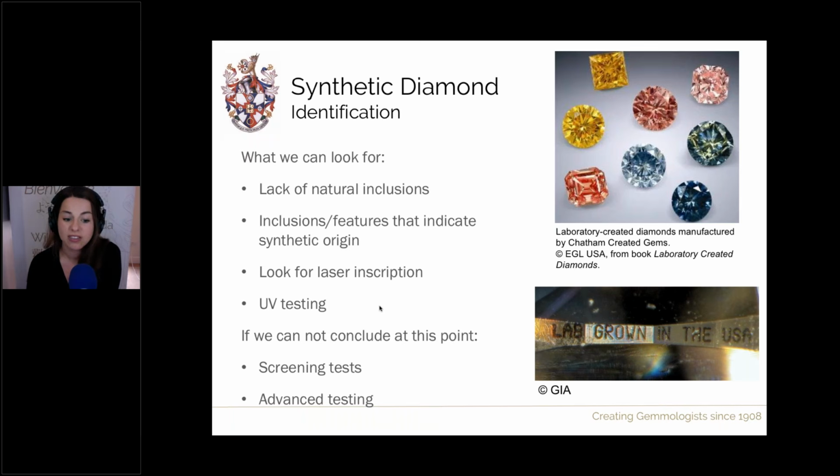Advanced tests often require expensive pieces of equipment, so you may have to send the stone to a lab. For diamonds, it's not such a big deal to send to a lab really, because so many diamonds now are expected to have a certificate if they're being sold and traded. So often they are accompanied with a report. But on the occasion that they're not, let's have a look at what we can do.